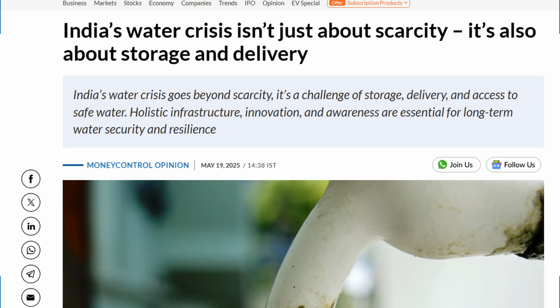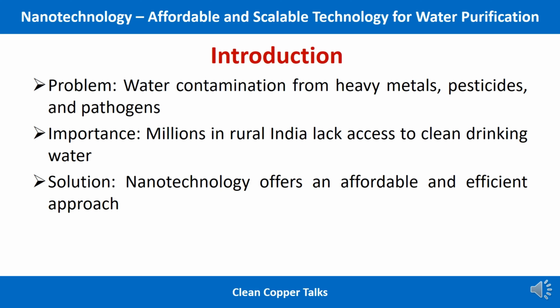At least, as per standards, approximately 135 liters per capita per day of water is a must. But today we see, especially in the rural areas, the water contamination problem is big, and a lot of different contaminants are found. So we need some solution.